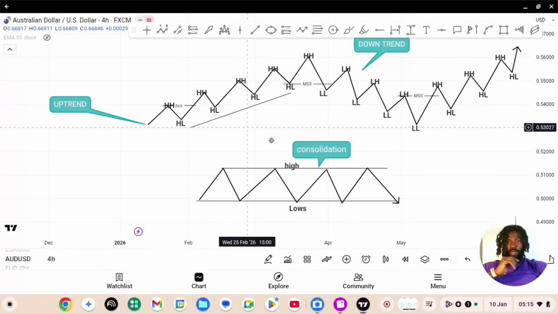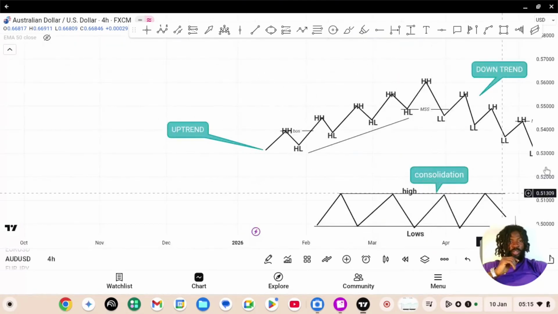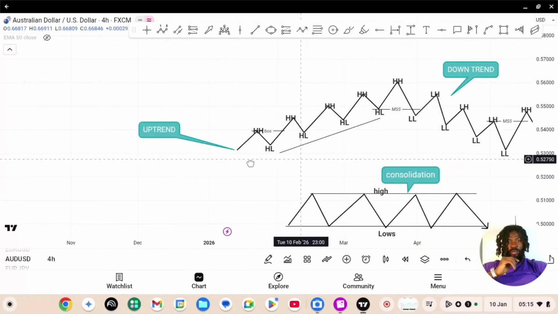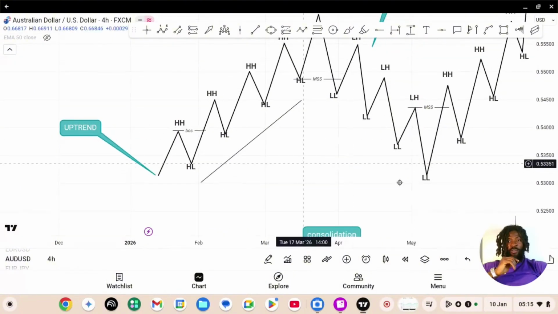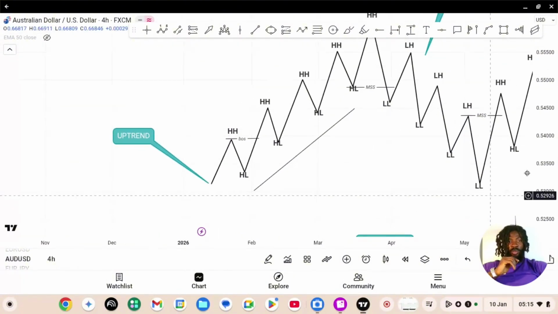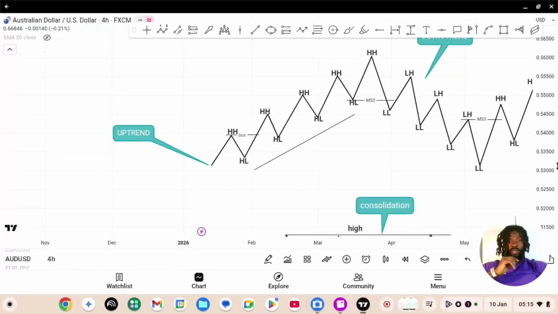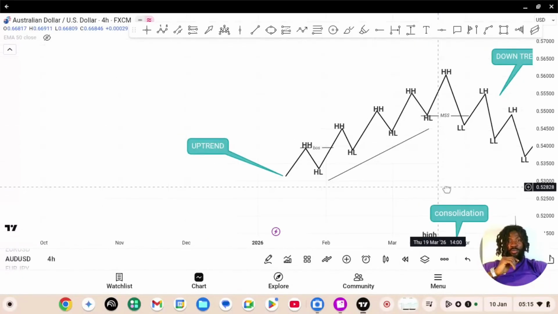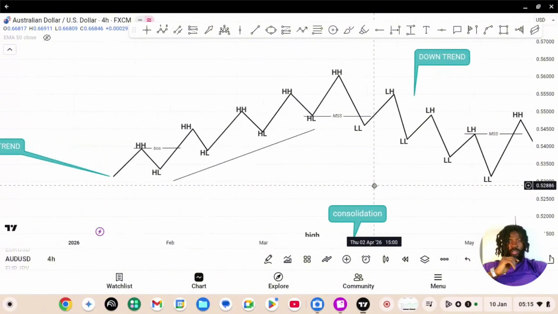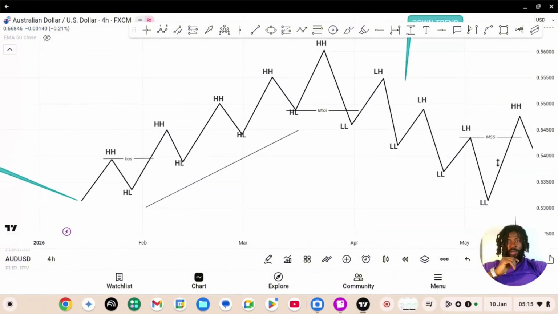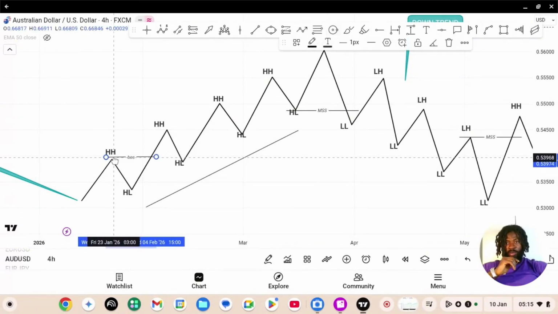Okay, now let's start with the uptrend. How to know if the market is in an uptrend, because when you open your chart, the first thing you need to look out for is the bias, which is the direction of the market. Now we have a higher high here.